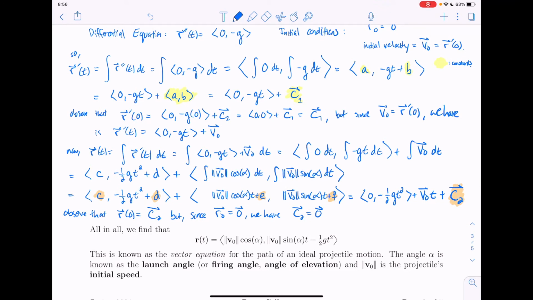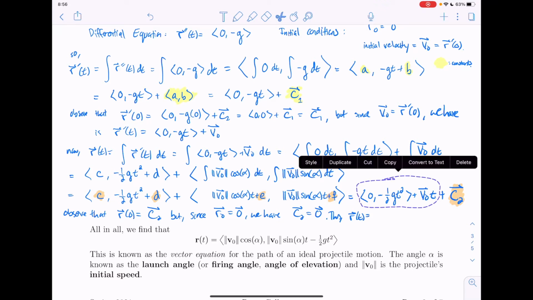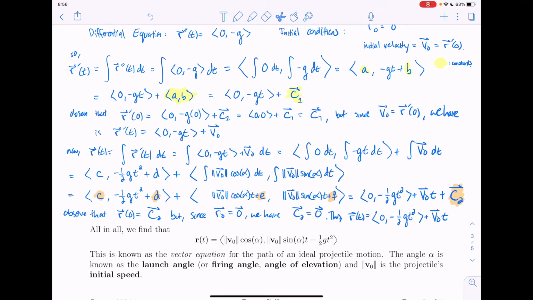So what that means is that R of t is equal to exactly this vector up here, right there, which, if we were to expand v naught in terms of its first and second components, and then combine these two vectors together, we'll get this representation.